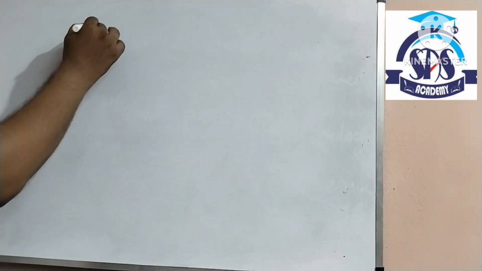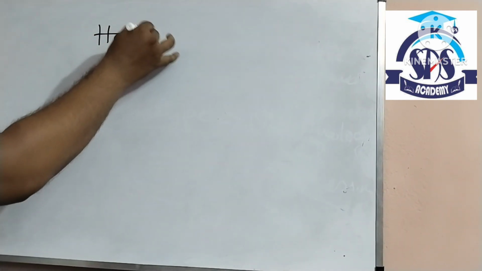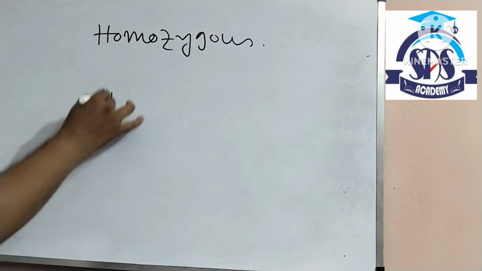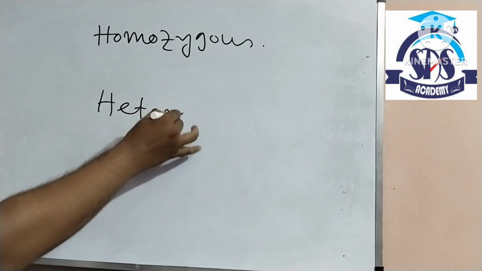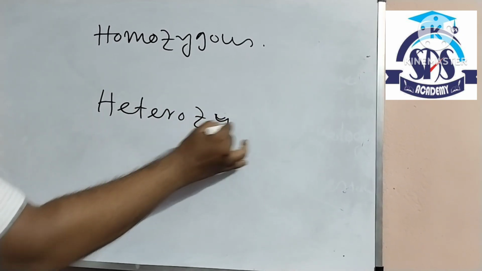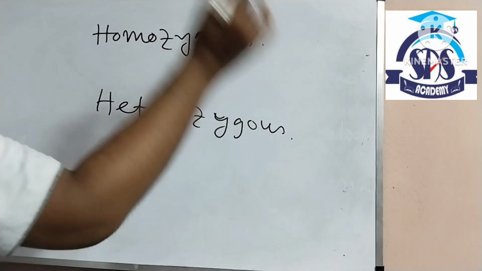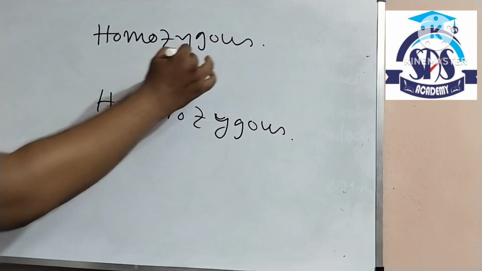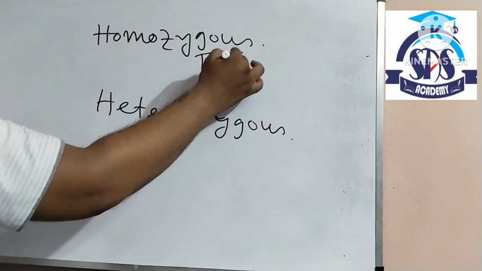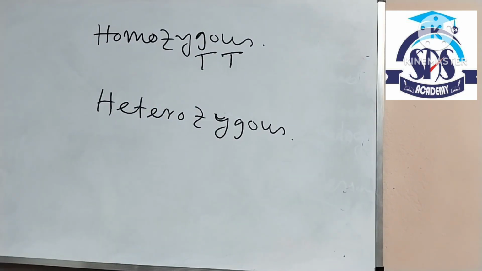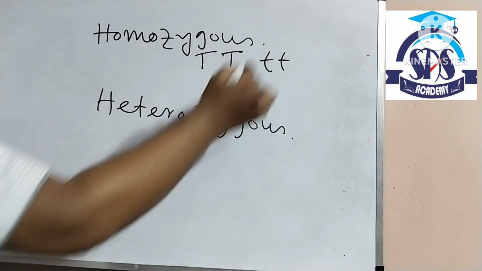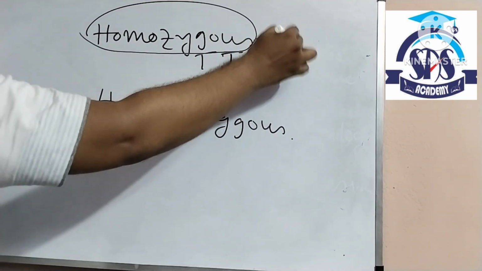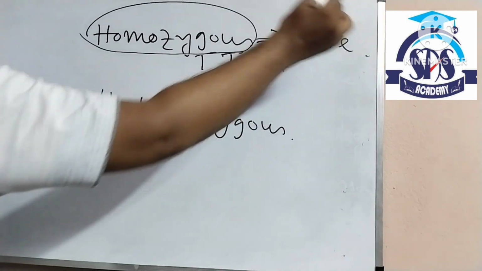Then we also know two more main terminologies in this chapter: homozygous and heterozygous. Homozygous means the two alleles are the same, either capital T or small t. Homozygous is also the pure form.